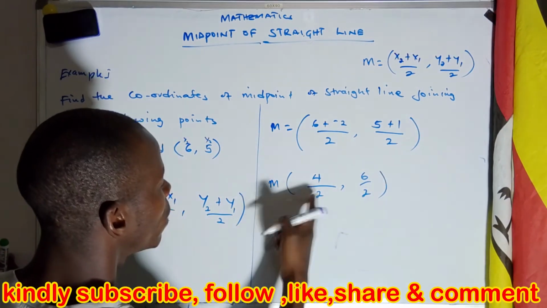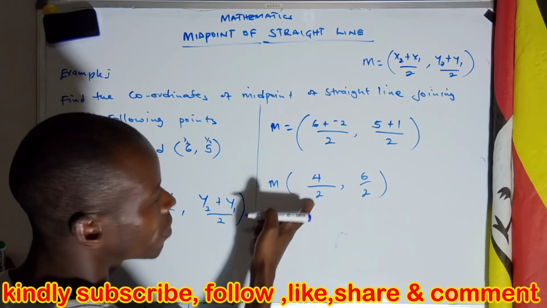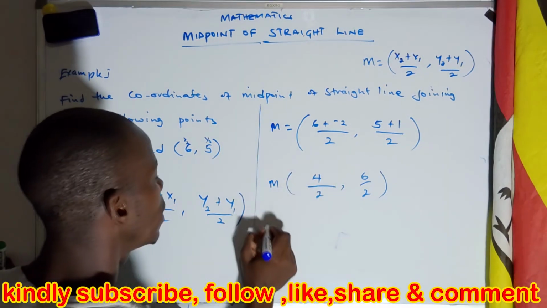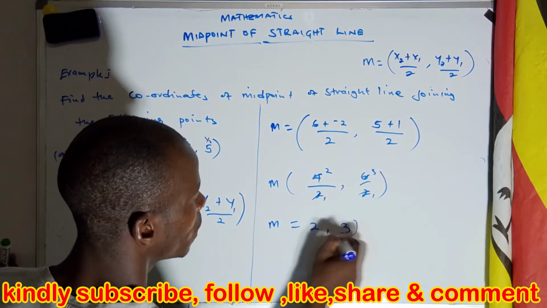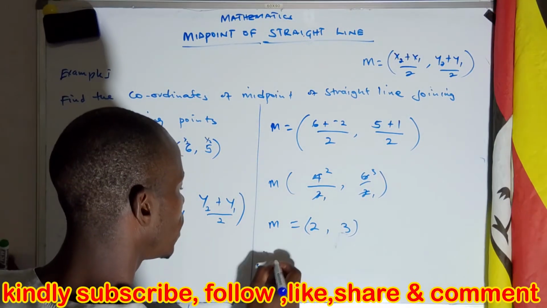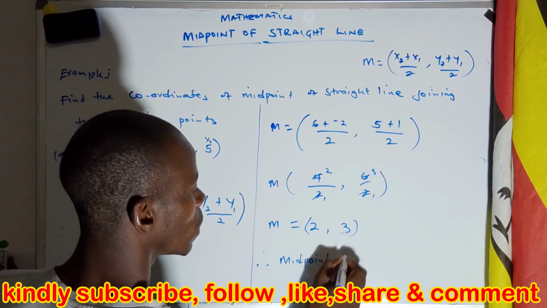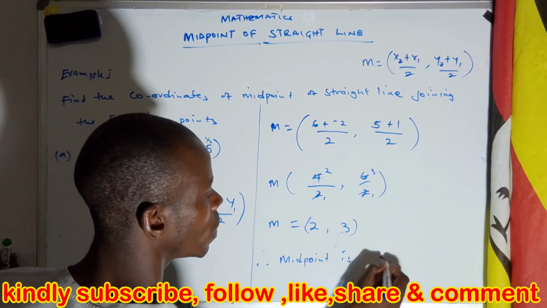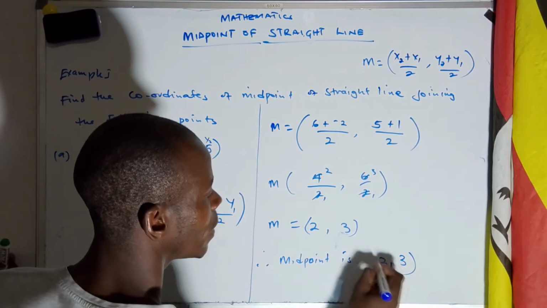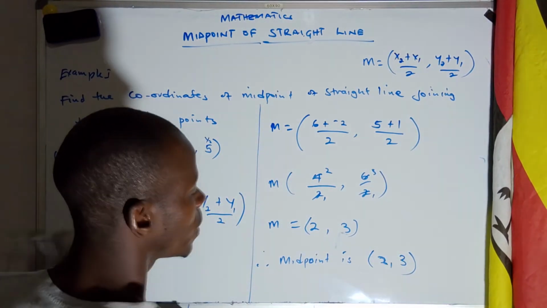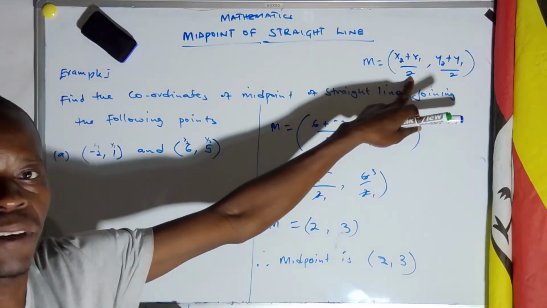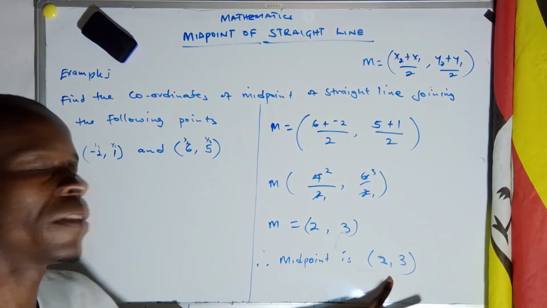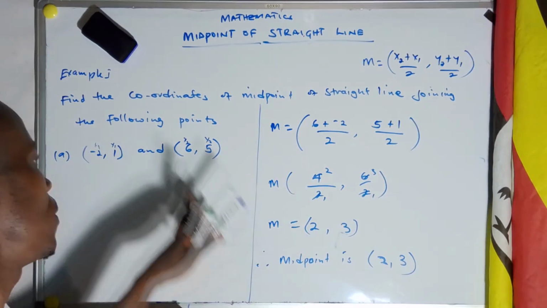You cannot leave it like this, because you can reduce the fraction. M is equal to 2, 3. So therefore, the coordinates of midpoint are 2 and 3. You can now use the midpoint formula to find the coordinates of midpoint. This is how we find it.